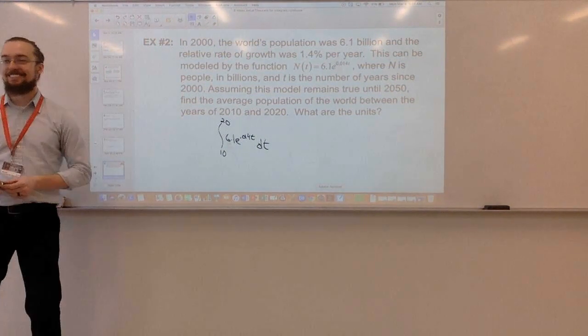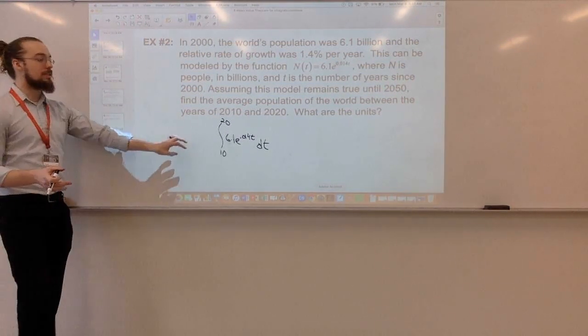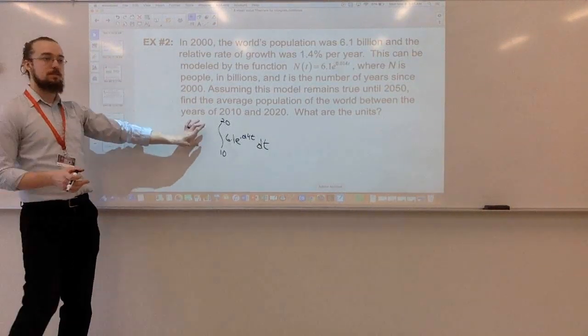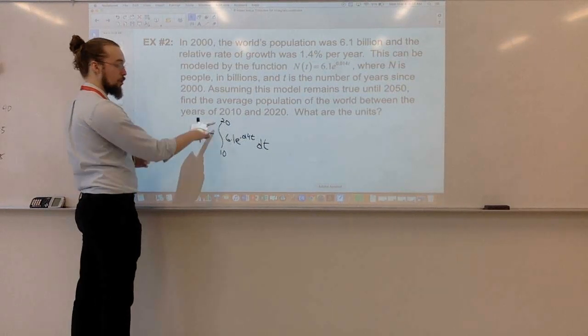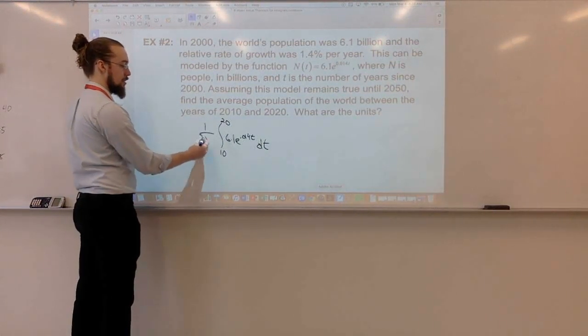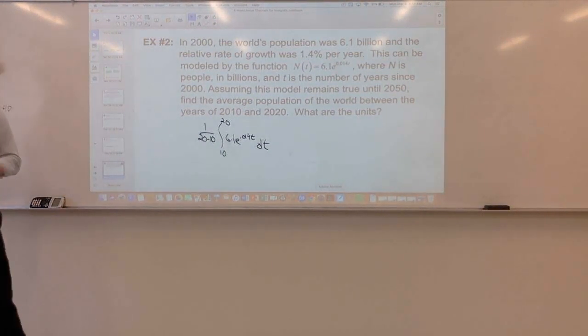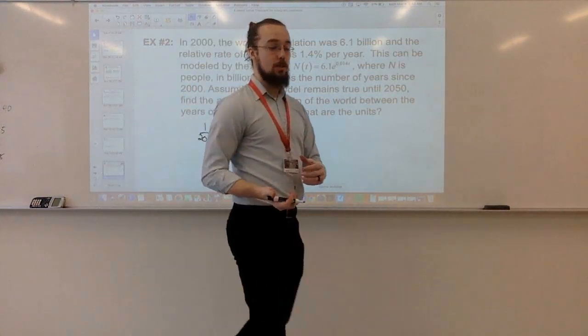Not take the derivative. Yes, but there's one piece I'm missing. Oh, the outside of a minus b. Right, the 1 over b minus a. So that would be 1 over 20 minus 10 in this case. Okay, so now we want to integrate this.